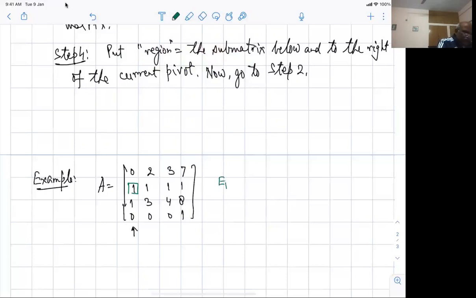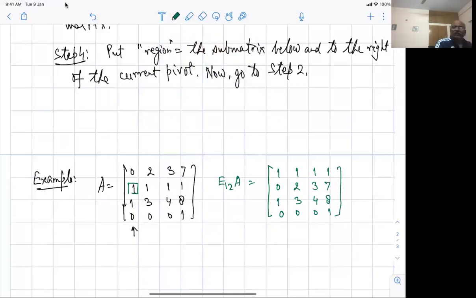I have this matrix E12 that I need to apply to A to get 1, 1, 1, 1, 0, 2, 3, 7, 1, 3, 4, 8, 0, 0, 0, 1. This is already 1 and this is already a pivot for me. Now I have to use this one to make this one 0 here. So this matrix is E12 of A.